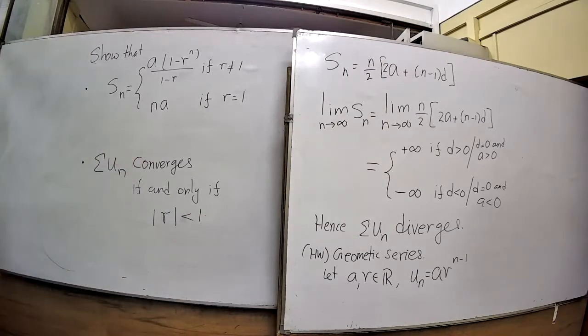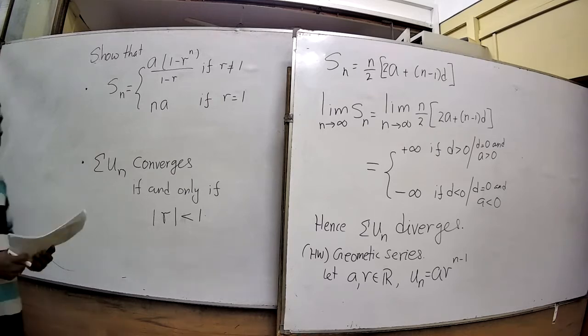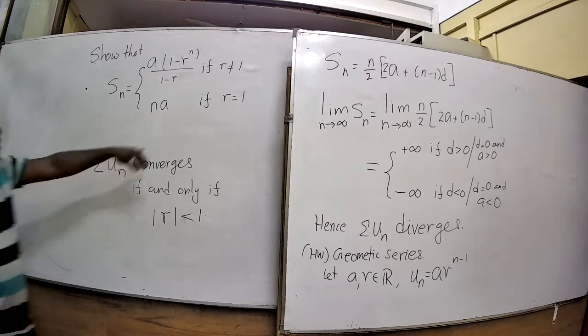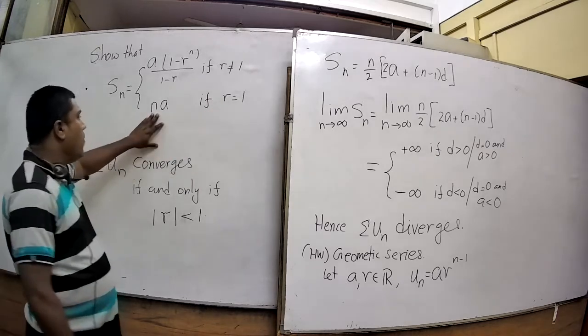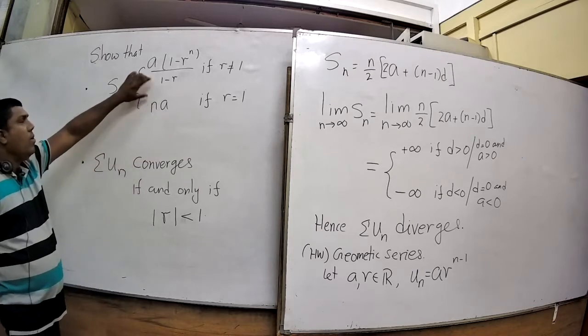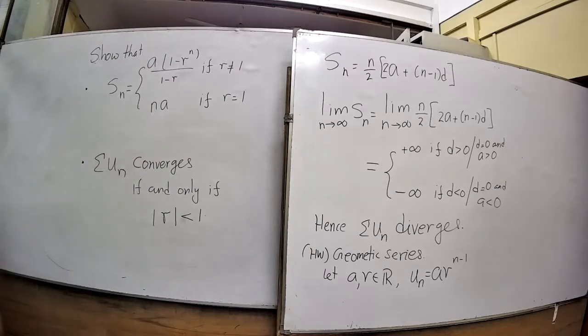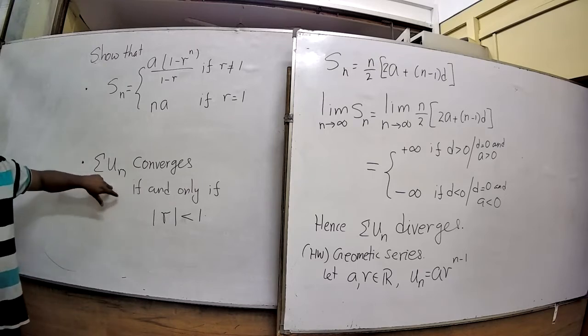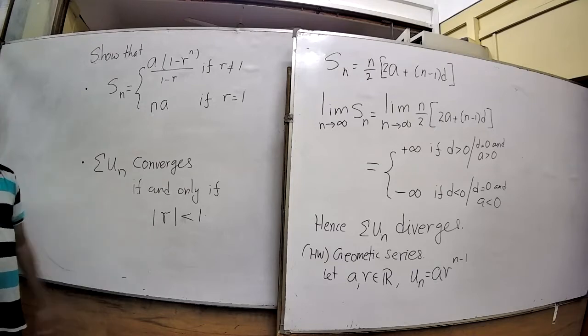So two things you have to show. First, you have to define the partial sum, and after defining that, you can verify that whenever r is 1, you get one value, and whenever r is not equal to 1, you get this value as the partial sum. Second, the convergence of the series: the series is converging if and only if r is between -1 and +1.